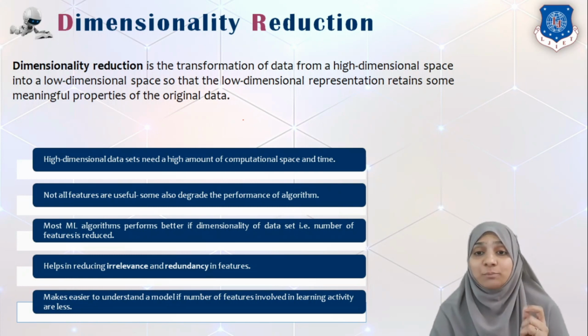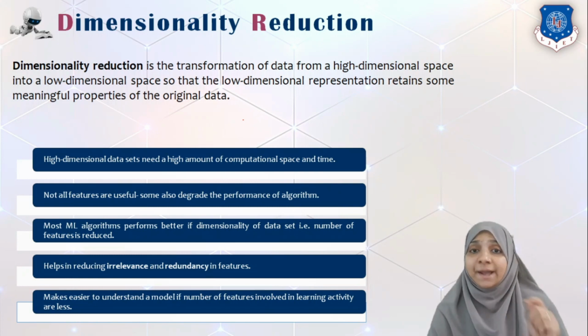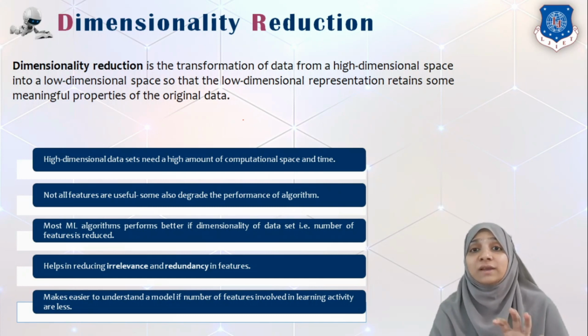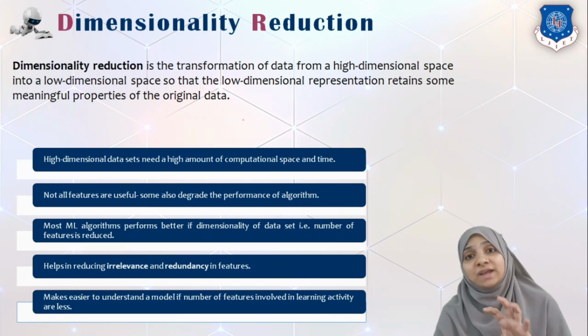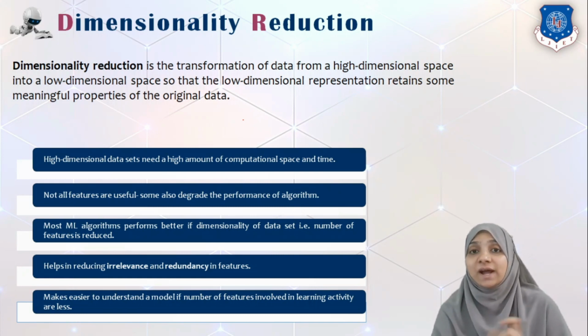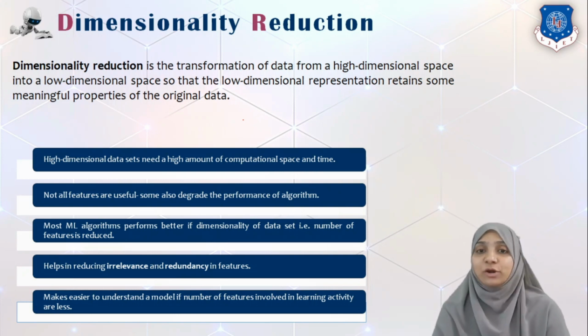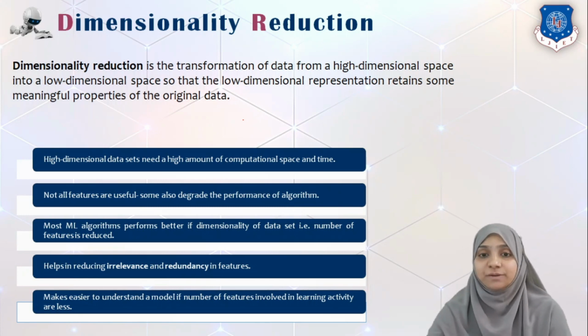This point is very important: reducing the dimensions, reducing the attributes of data, does not reduce the information which is stored inside the data. So we are retaining the information, the knowledge inside the data itself, but we are only reducing the number of columns, the number of dimensions. That is called the process of dimensionality reduction.